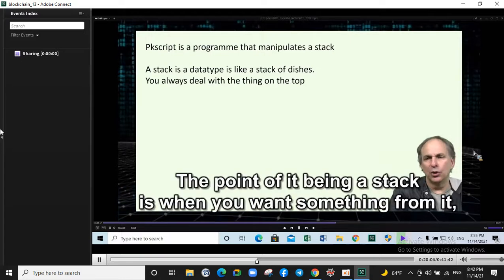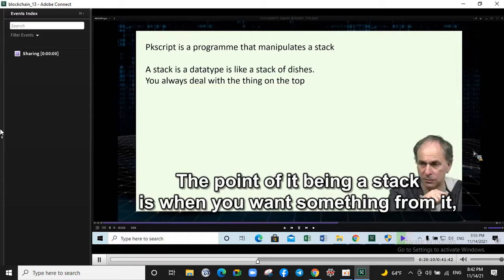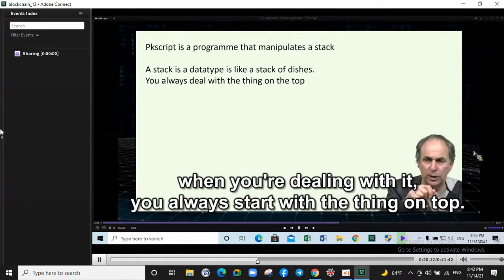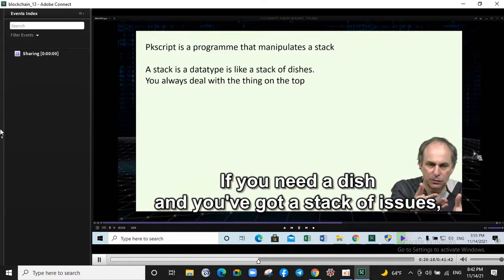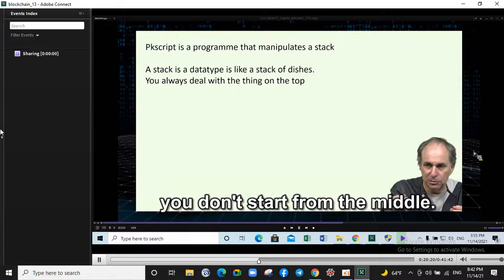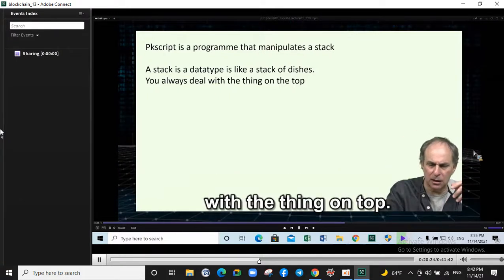The point of it being a stack is that you always start with the thing on top. If you need a dish from a stack of dishes, you don't start from the middle, you take the one from the top. So it's always dealing with the thing on top.